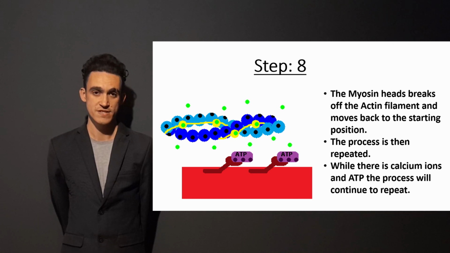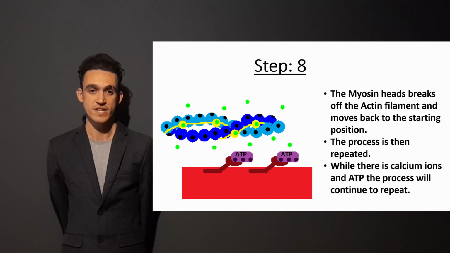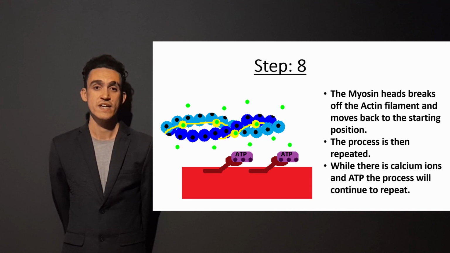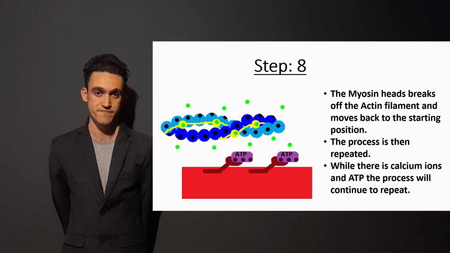This process of the myosin connecting to the actin and moving it will keep on continuing while there is still calcium and ATP found in the sarcoplasm. Once the calcium or ATP is used up, the process will stop.